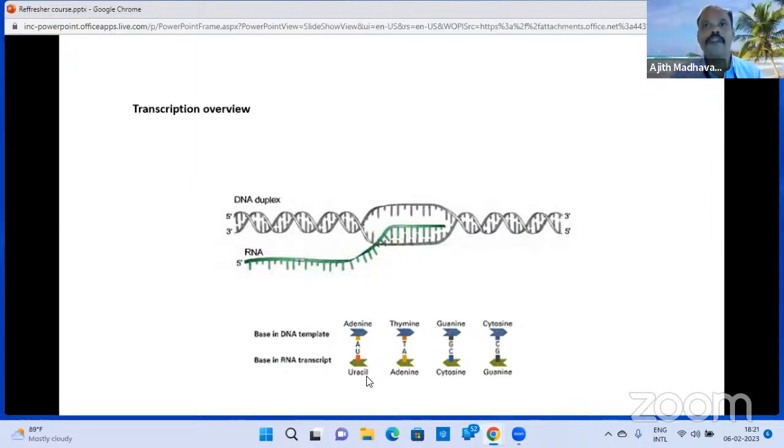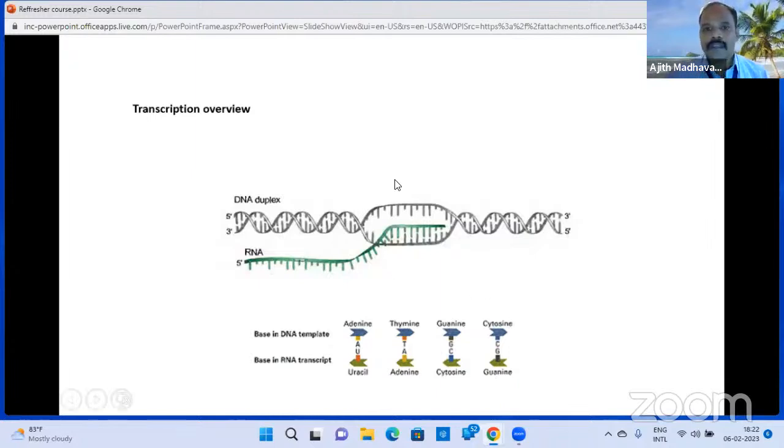Instead of thymine, you have a modified version, which is called uracil. That is the second difference. So in the opened-up DNA template, if adenine is present, a uracil is added. If thymine is present, an adenine is added. If guanine is present, a cytosine is added. If cytosine is present, a guanine is added. Now you can see the information present in the DNA molecule is rewritten into a similar molecule, which is the RNA molecule.